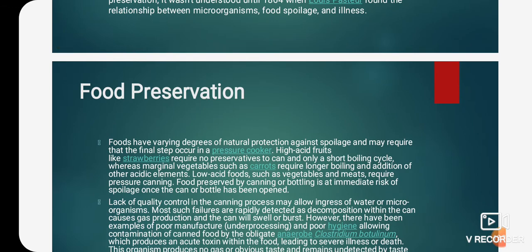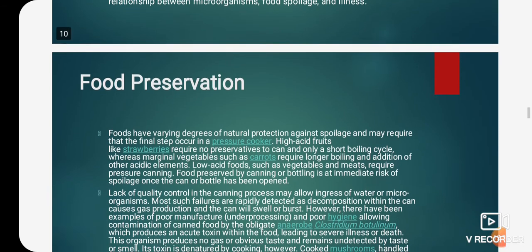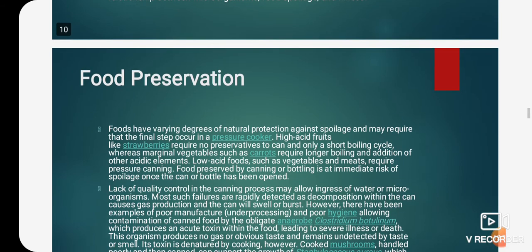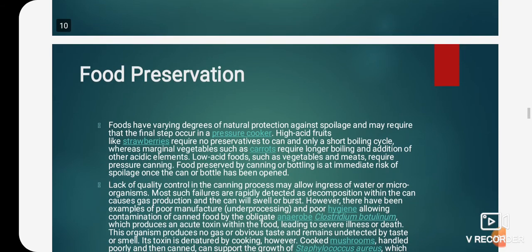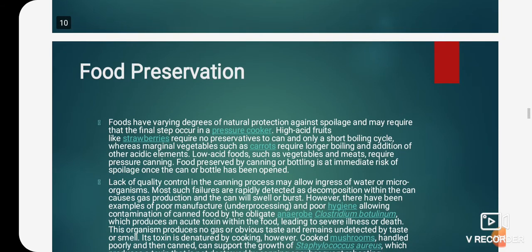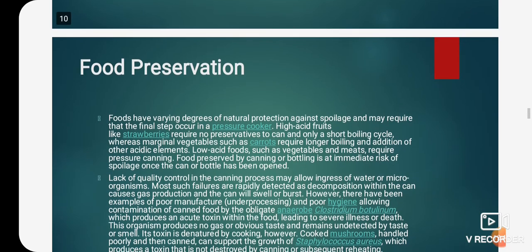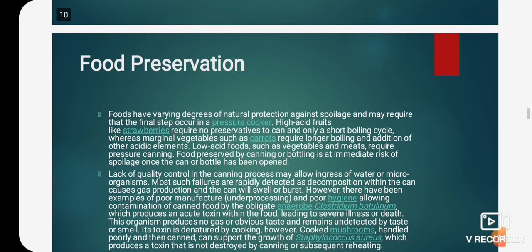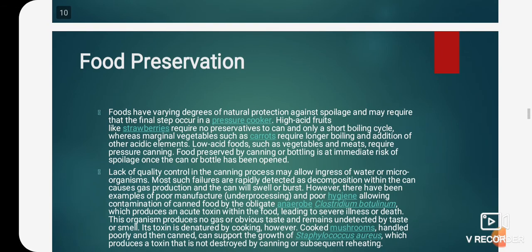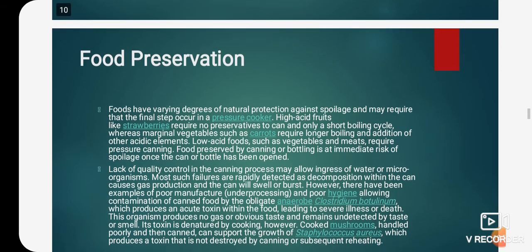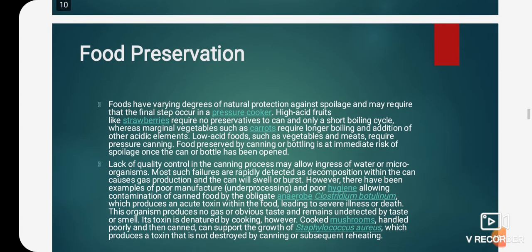Food preserved by canning or bottling is at immediate risk of spoilage once the can or bottle has been opened. Lack of quality control in the canning process may allow increased ingress of water or microorganisms.